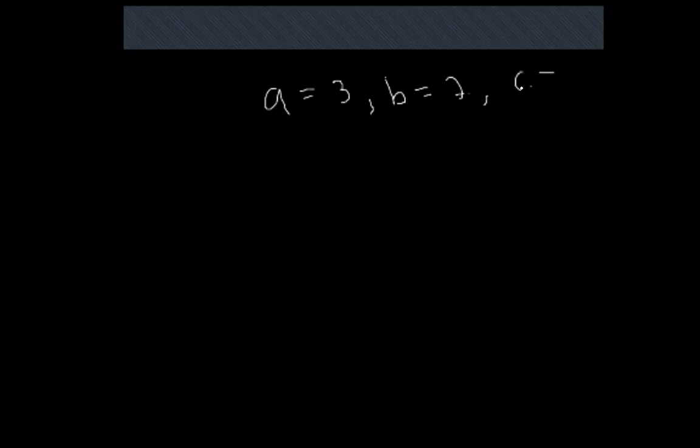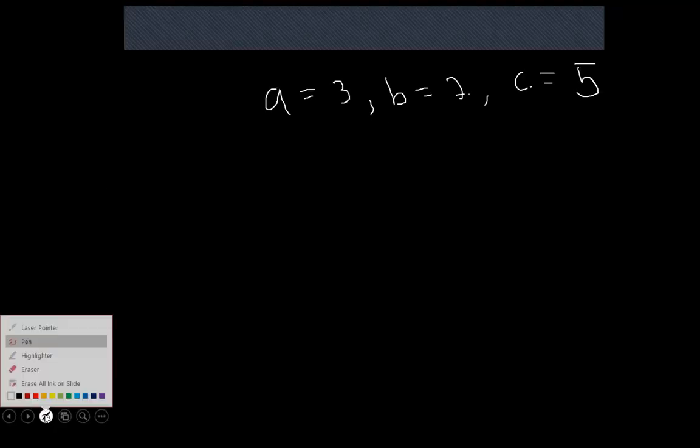We found out in the first step, a is equal to 3, b is equal to 2, c is equal to 5. And we said we need to find the values of h and k.